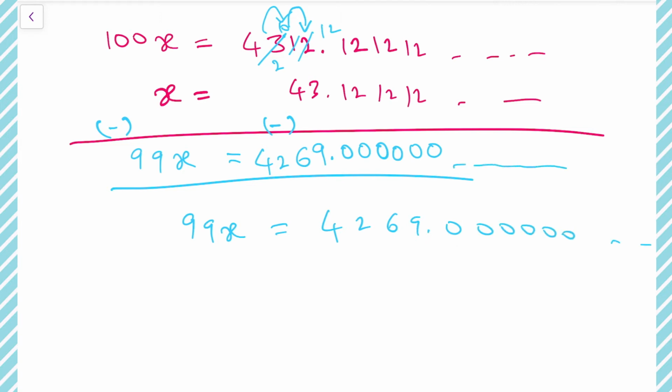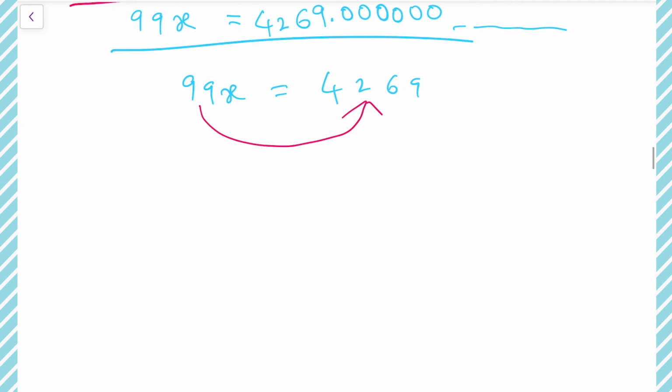Now here after the decimal only zeros are there which don't have any value, so I remove that completely. Now we want the x value, so for that take 99 to the right side, then it becomes division. So x is equal to 4269 divided by 99. Let us check first whether it can be simplified further or not.